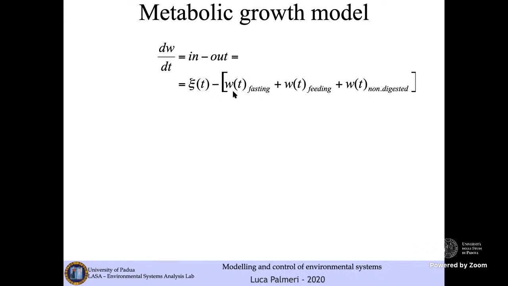So the second assumption of the metabolic growth model is that we can easily convert from energy to biomass, due to the fact that we have coefficients that allow us to convert the quantity of biomass into energy as a consequence of its energetic content.